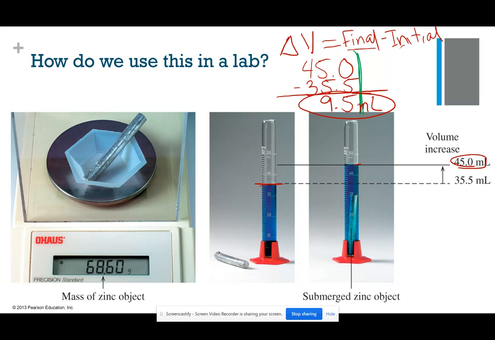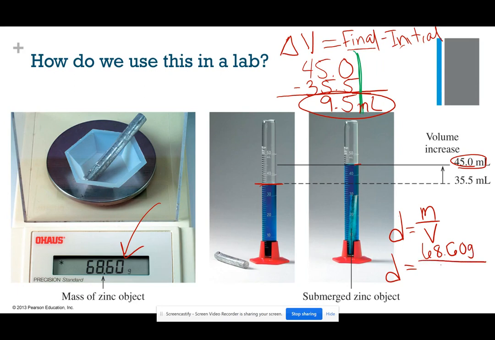Now I need to take the volume in conjunction with the mass. I'm going to plug it into my density equation to determine the density. So remember, density equals mass over volume. My mass is 9. Ooh, no, it's not. Just kidding. My mass is 68.60 grams.